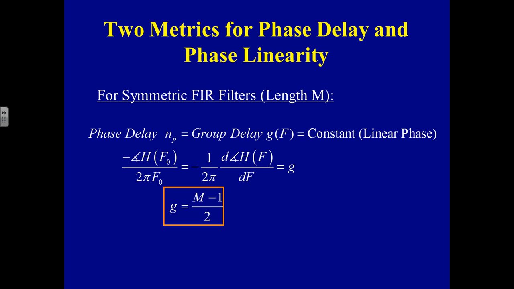Now, a way to interpret that is that if I have a filter that has, let's say, 5 terms, 5 coefficients, b0 x sub n, b1 x sub n minus 1, b2 x sub n minus 2, and so on, down to b4 x sub n minus 4, the delay introduced by that filter is basically half the number of sample delays that I have in that difference equation, or about half, that on average I'm delaying them by half the length.